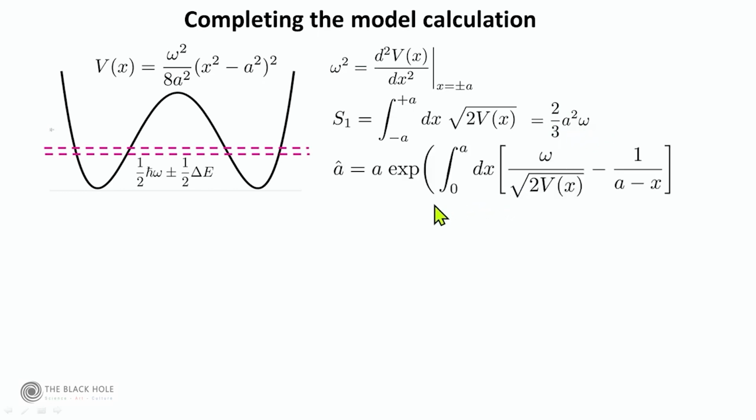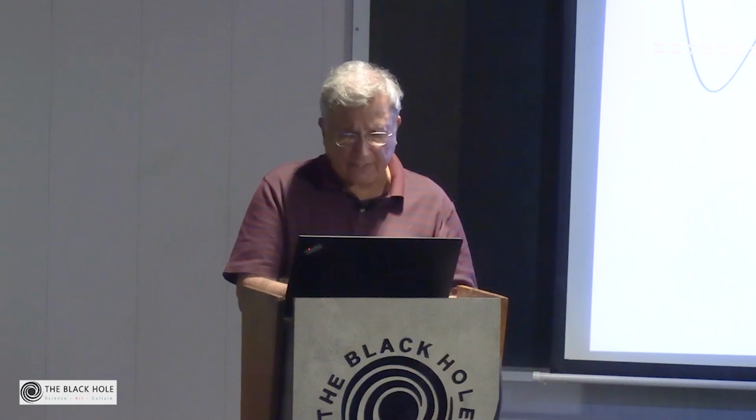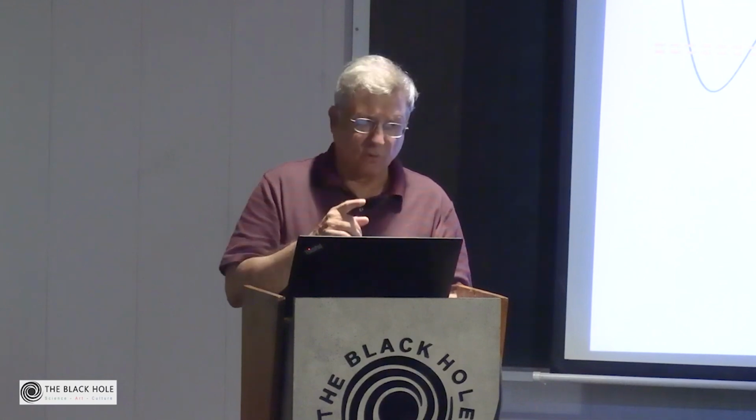Here, as I said, there's a logarithmic singularity here, and here. And okay, here there is no order of square root of h bar. But remember that our calculation is accurate only to quadratic order.